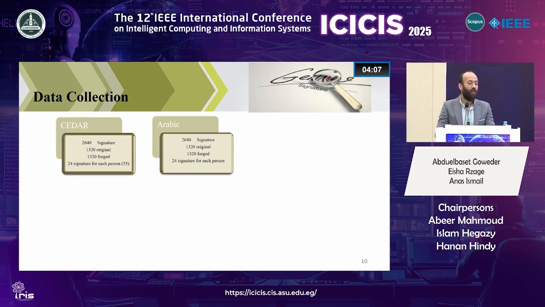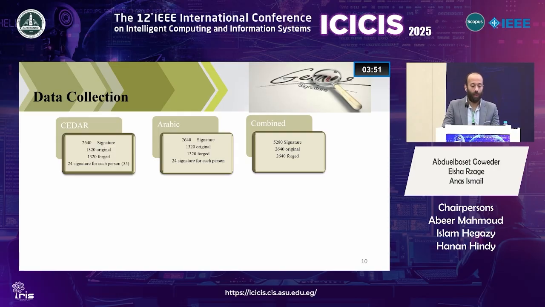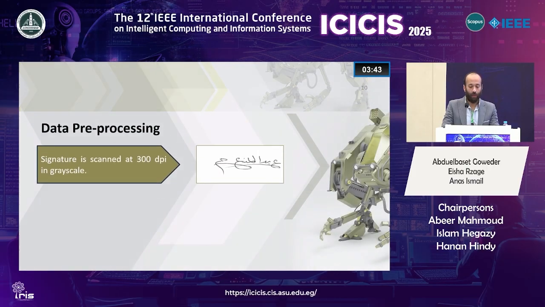We tested on CEDAR to verify that the models and the fine tuning that we did are actually working, and that the model is not just overfitted on our data. We also combined the two data sets together and ran the same model on the combined data set, and it also had high accuracy for predicting authentic versus forged signatures.